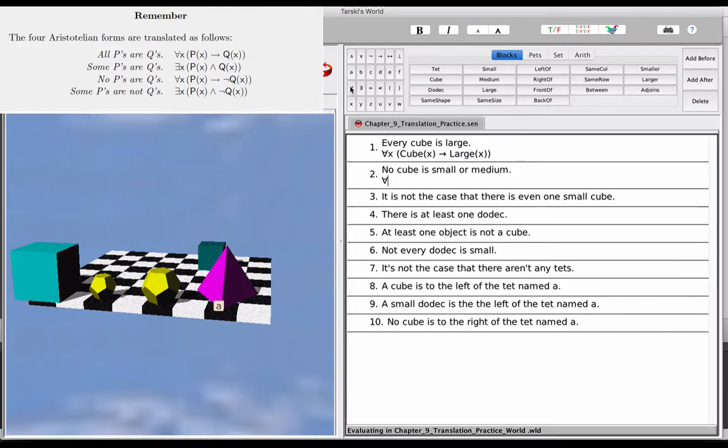So for every x, if the thing is a cube, then it's not the case that it is either small or medium. And notice when I'm speaking here, I'm using language like it, right?